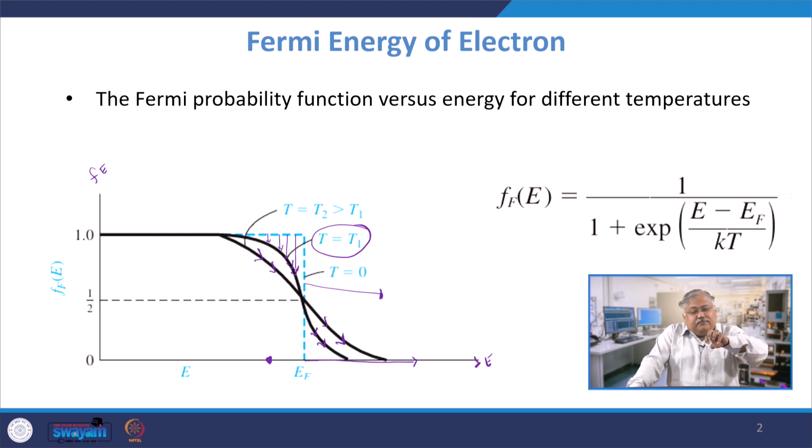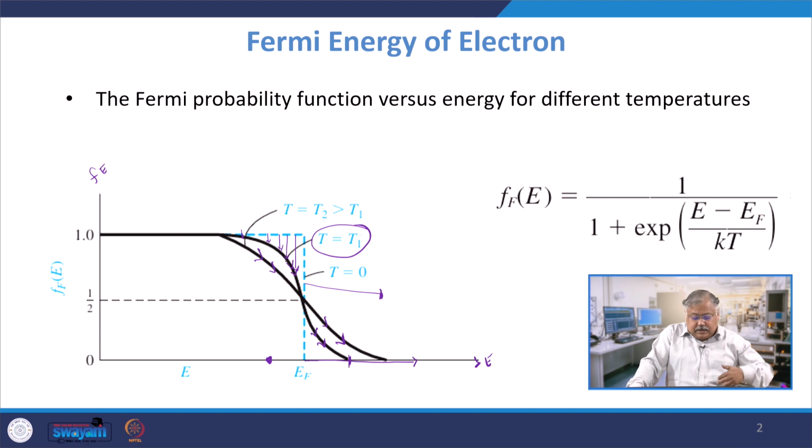Some of the electrons have left the states and gone to a higher energy level beyond EF, correct, and that is the reason we define that at T equals T1 this many energy states will be empty and exactly the same number of states will be filled up above EF. So that symmetry has to be maintained: the number of states filling up here is exactly equal to the number of states getting emptied below EF.